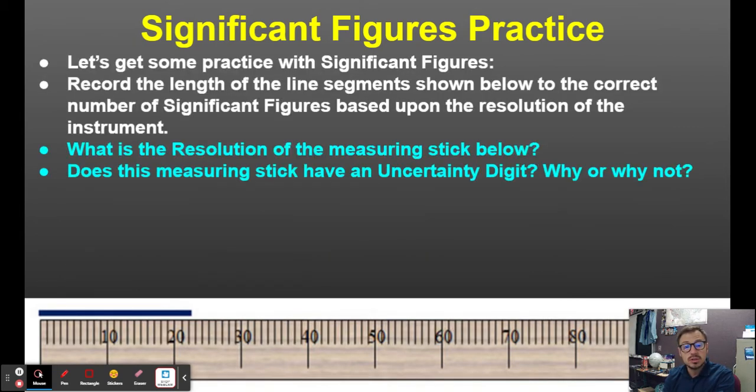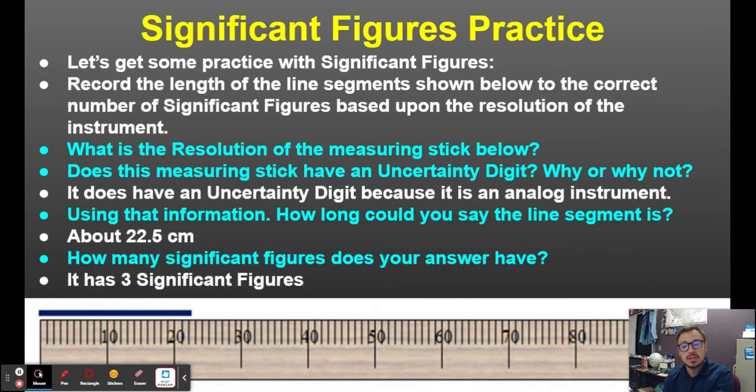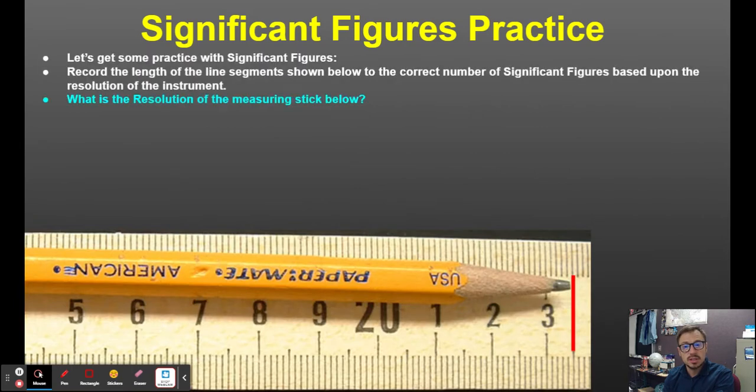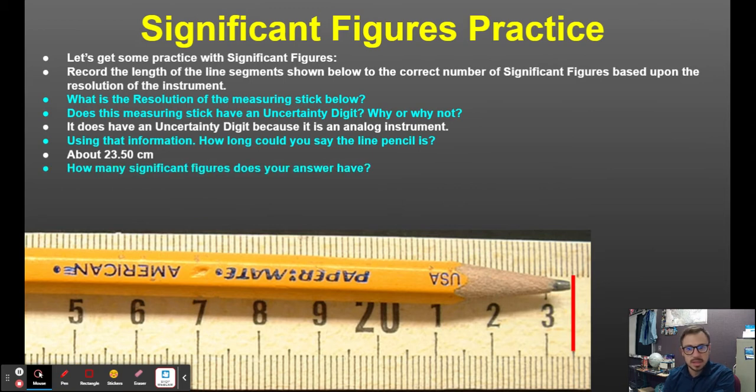Now, if we increase our resolution even more, divide it into 0.01 meters or 1 centimeter, you can say this is about 22.5 centimeters, and now I have three significant figures. Now, here's the thing. If you can record it, right? So in this one, it does have an uncertainty digit. You would say this is about 23.50 centimeters.